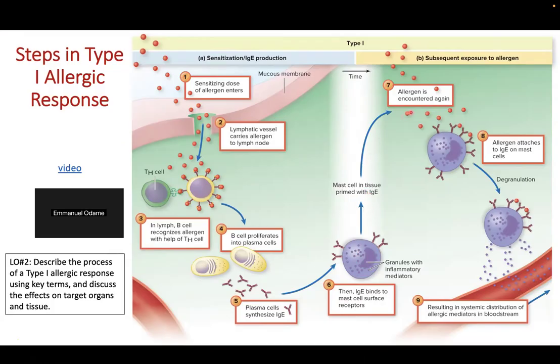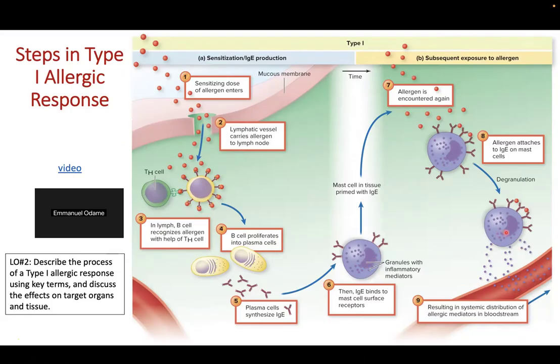So if you get a second exposure, where an allergen enters again, this time around, because of the antibodies produced by the B cells that are present on the mast cells, the allergens will bind to the IgE already present on the mast cell, and then degranulation happens. It results in a systemic secretion of the inflammation mediators already present in the mast cell.